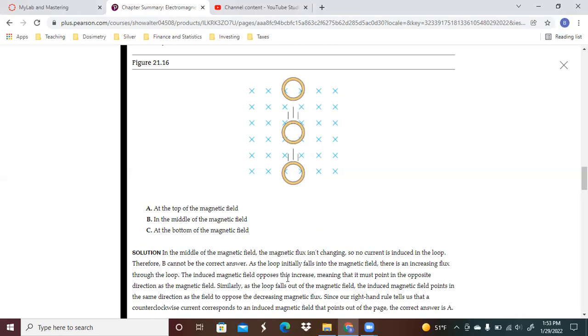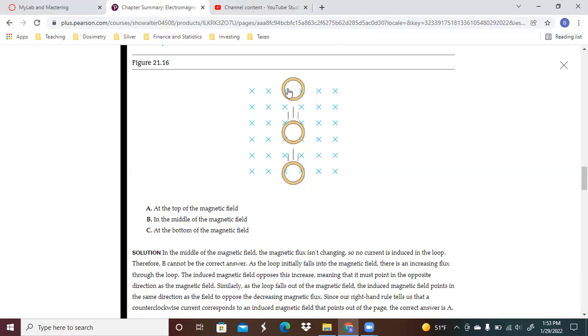The induced magnetic field opposes this increase, meaning that it must point in the opposite direction as the magnetic field. So in other words, as this falls this way, it increases the number of field lines that get cut right here at the top. Because it increases the number of field lines as it falls through, it has to produce a magnetic field that counteracts what it's experiencing, which is going through the page.